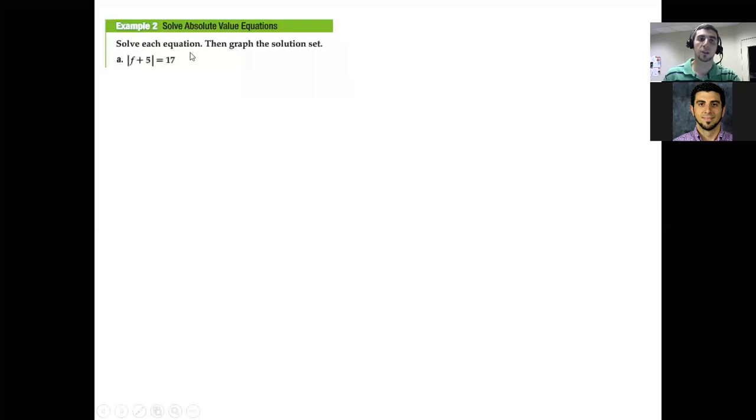So if I want to solve this equation and then graph the solution set: absolute value of f plus 5 equals 17. That means that the f plus 5 inside the absolute value could be 17 for case 1, or for case 2, it could have been negative 17, because if f plus 5 gives you negative 17, you take the absolute value of it and you still get 17.